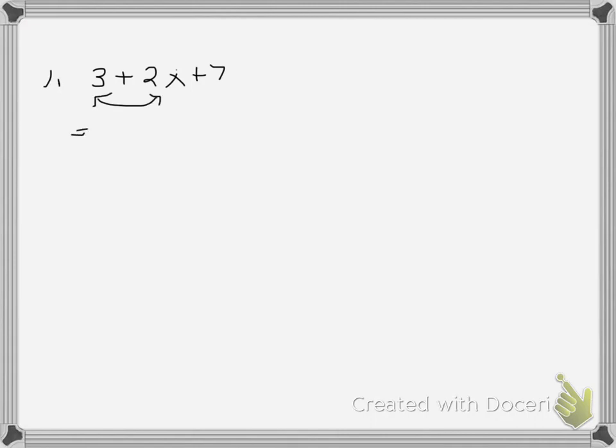So I could say that equals 2x plus 3 plus 7. That was commutative. I could decide to associate these, and I would have 3 plus 7, or 10.